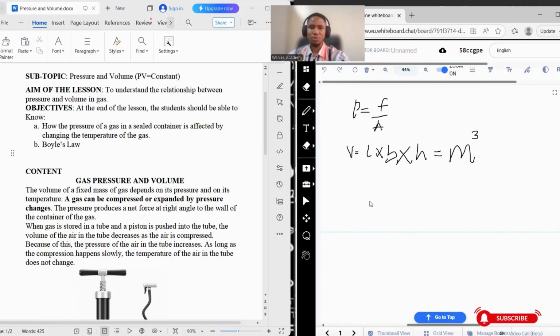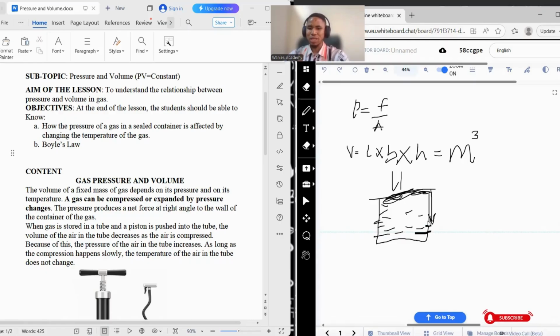Now let's explain how pressure occurs in gas. Now this is a gas container and we have a gas in it. Okay, so now if there is a force exerted on this area, the particles in the container will try to meet those walls, collide with the walls.